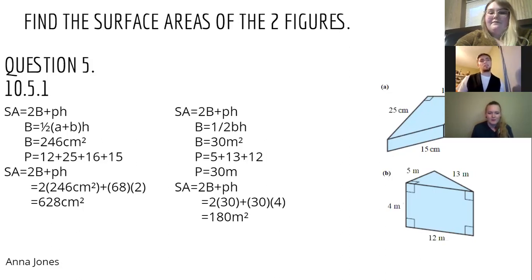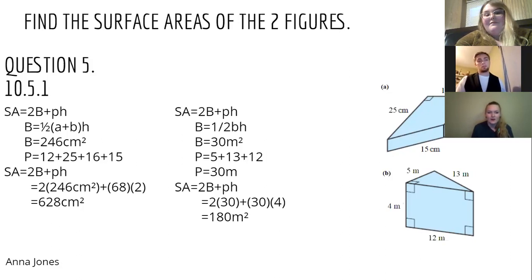The base B can kind of switch around on these figures, can't it, depending on what exactly you're trying to find. Right, the shapes make a big difference. Yeah. So this one's B equals 1/2 BH, and then that's going to equal 30 meters squared.